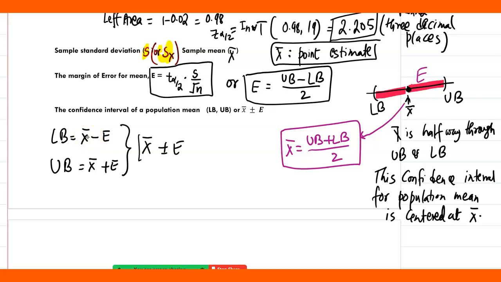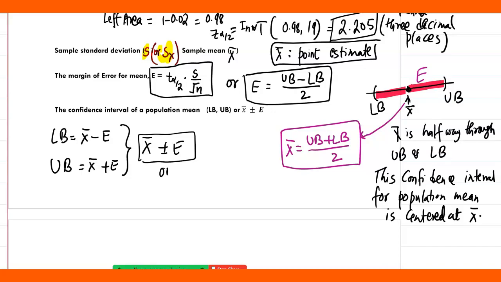Okay, let me circle that. Another format could be x bar minus e comma x bar plus e as an interval.